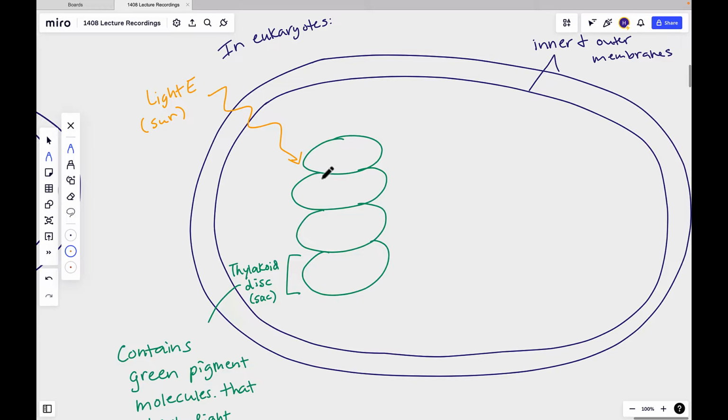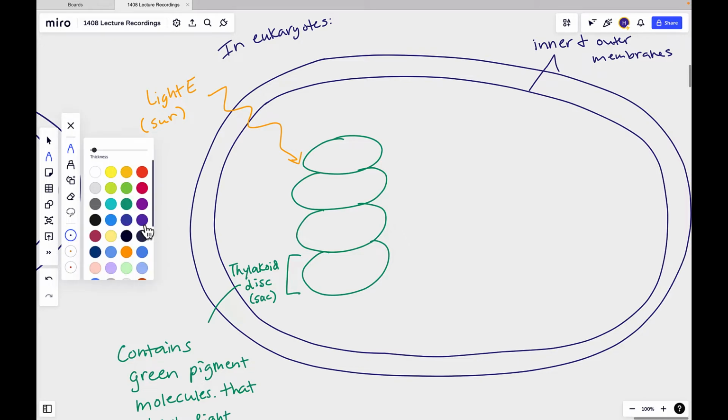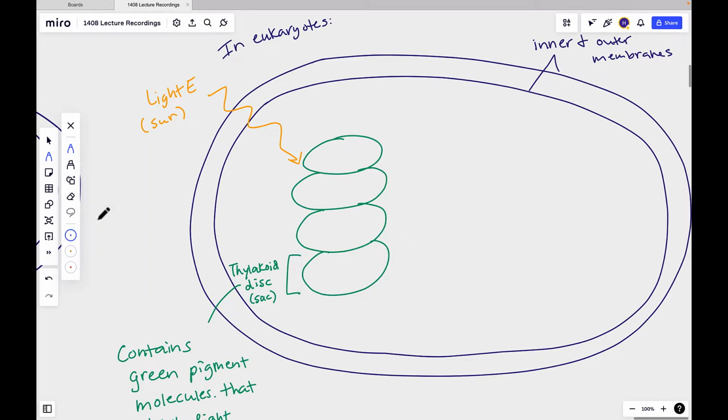And so all the processes that happen within these thylakoid membranes and the stacks are called the light reactions because they are directly dependent on light. And there are lectures about these specifically that you should watch, but I'm just going to go through not the logic of each of these processes, but just overall what's happening. So sometimes I might abbreviate light reactions LR.